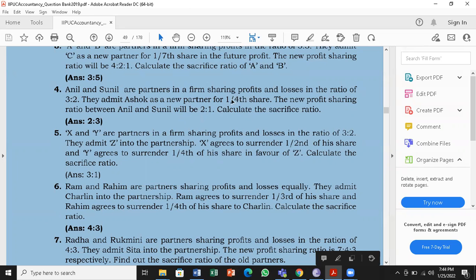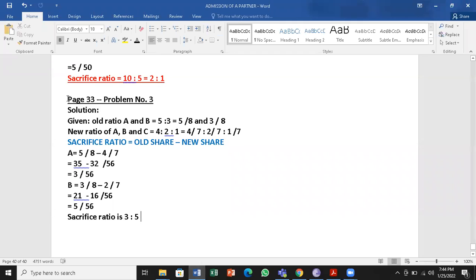So total share is according to that 1/4 means 4 is the total. So how it comes, we'll see. Calculate sacrifice ratio. This is what is given. So here, let me go for it.